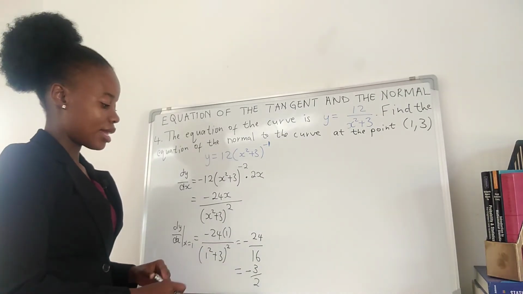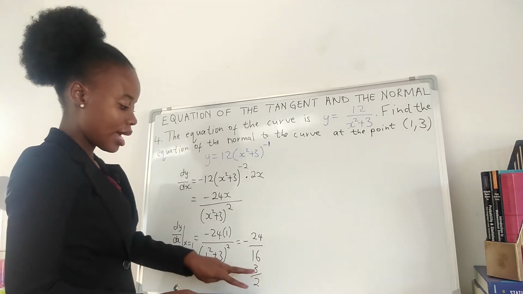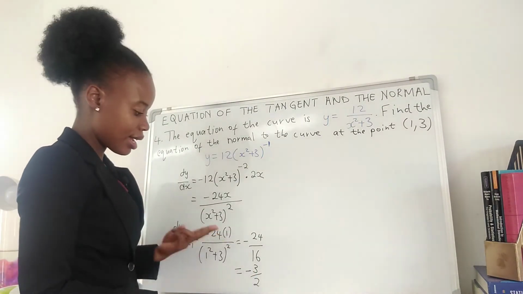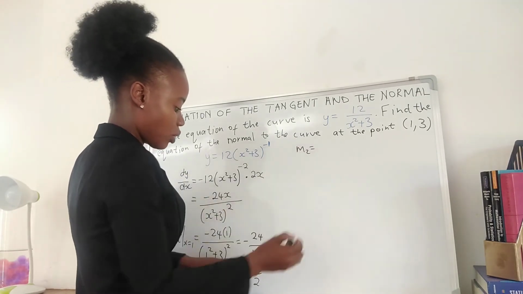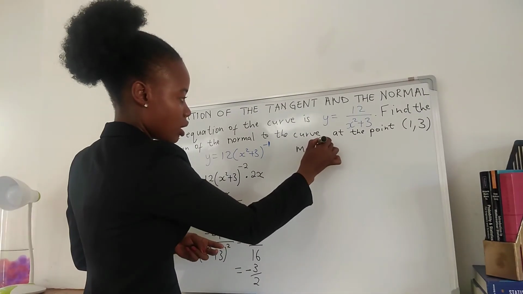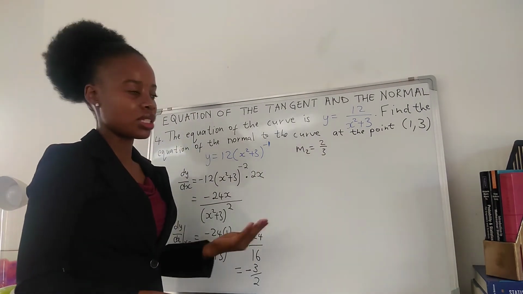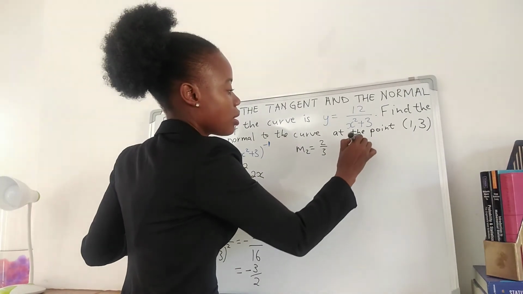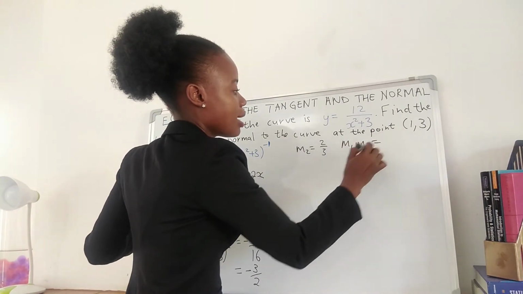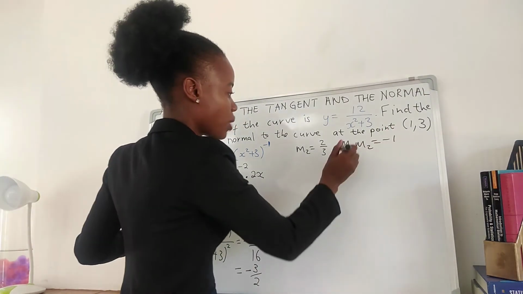Now let's find the gradient of the normal. You flip this and change the sign. It was negative, so if you flip, it's going to be 2 over 3, and we change the sign. It was negative, now it's positive. This is our M2, or you can use the formula that states that when you multiply the two gradients, they are supposed to give you -1.